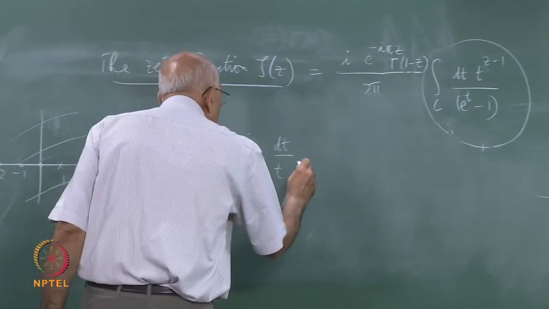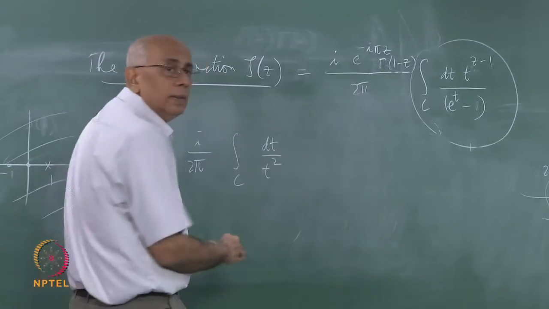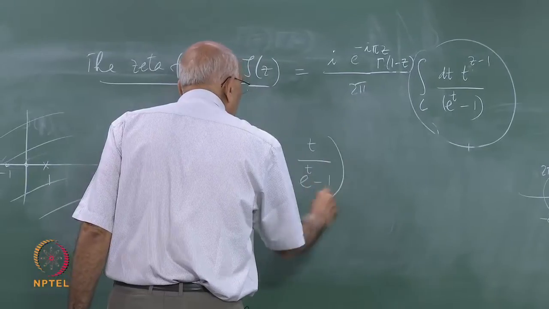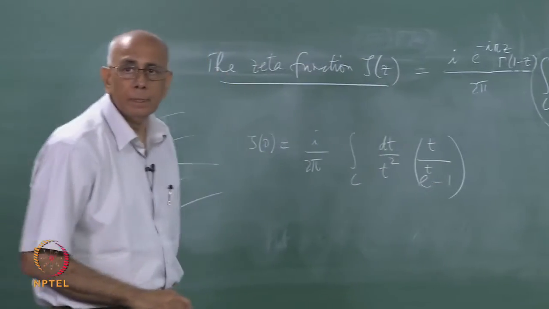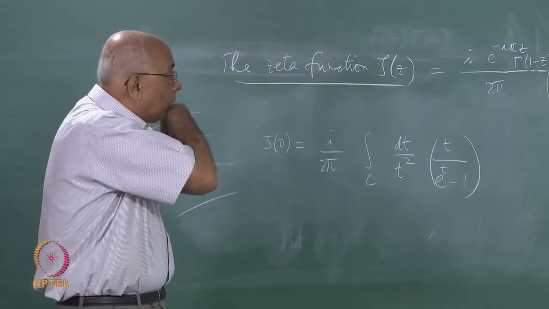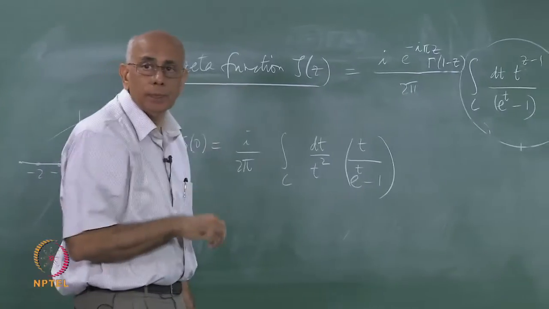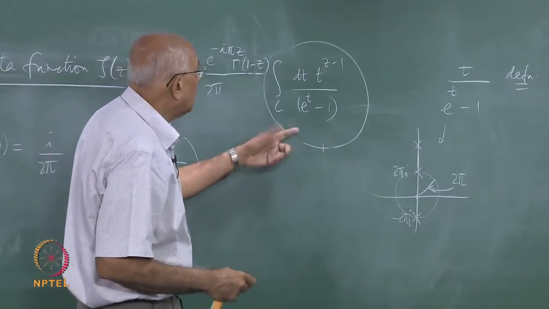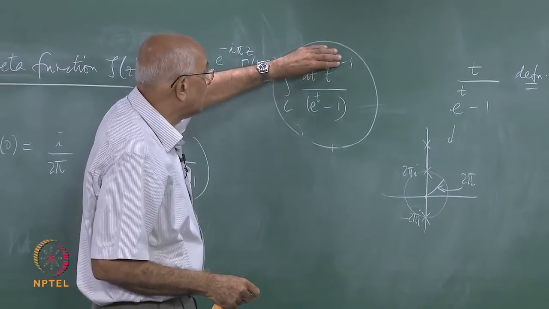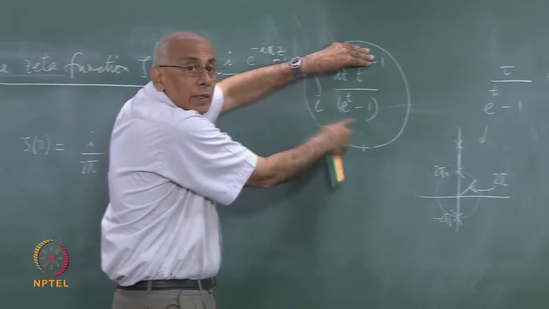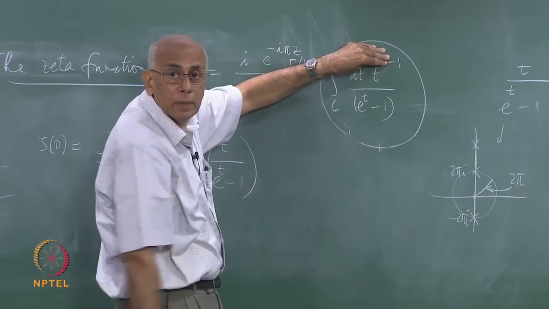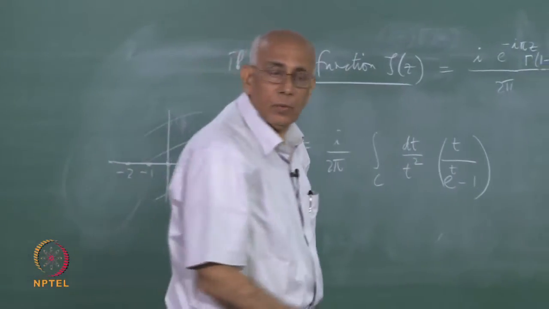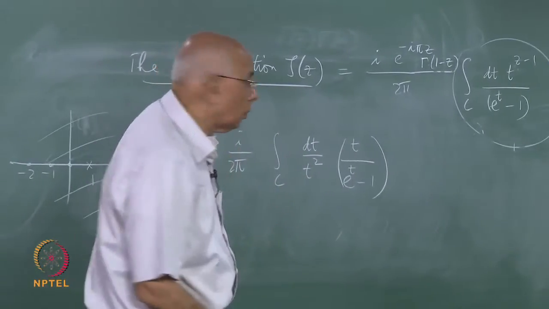But let me write this as t squared and then it is t over e to the t minus 1. And it looks very much like there is a pole. This definitely looks like there is a pole of some kind, because you can see that there is already a 1 over t here and this guy also is a t. So this goes like 1 over t squared, and then there are terms of order 1 over t, order t to the 0 and so on.